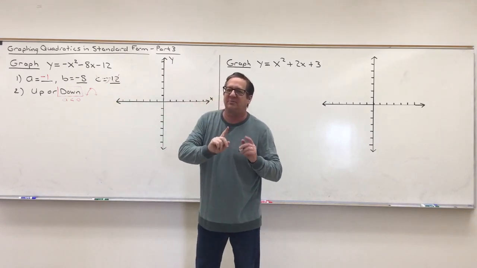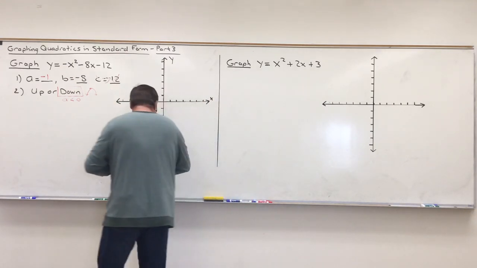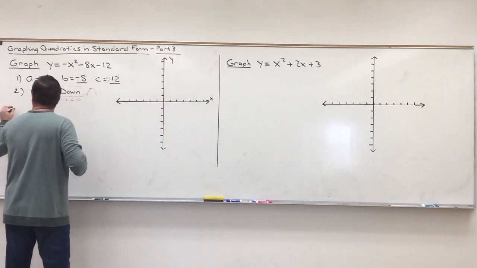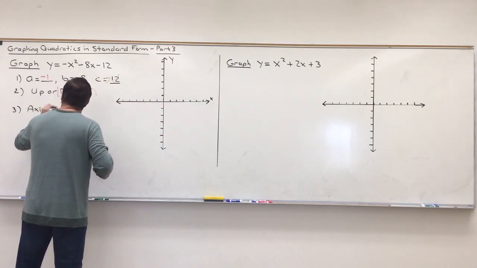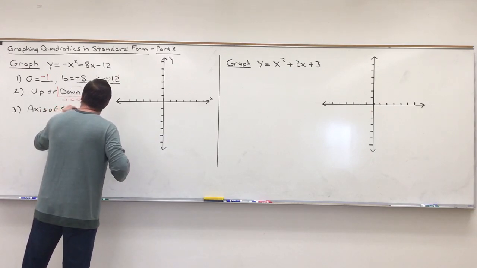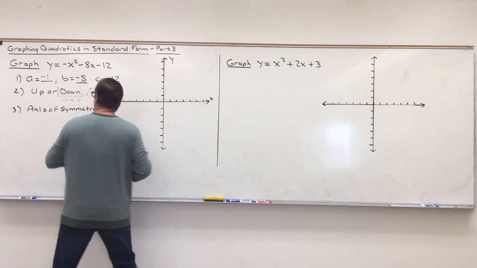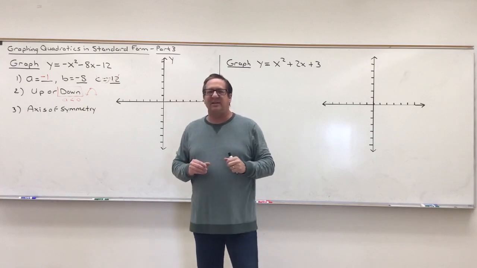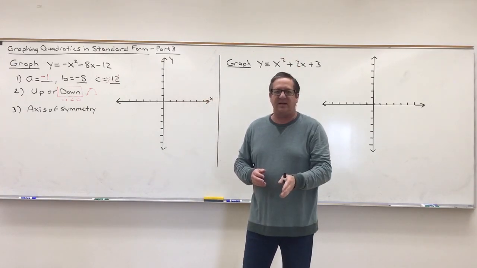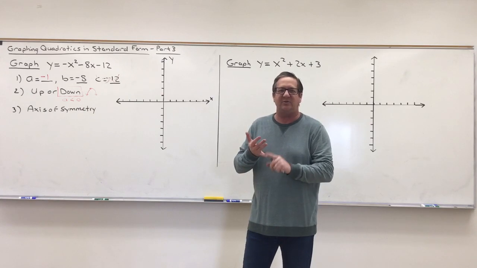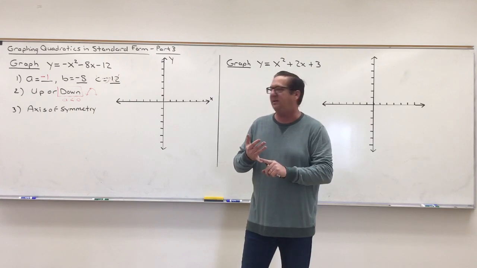Okay, step 3. This is where we really got to be careful. It's our axis of symmetry. It's going to not only cut our parabola in half, but it gives us the x value to the vertex, which we absolutely need.